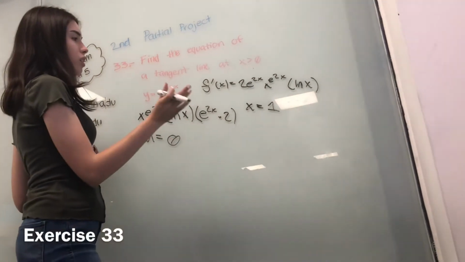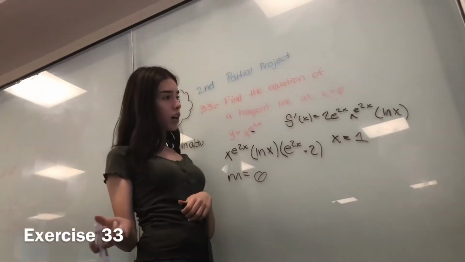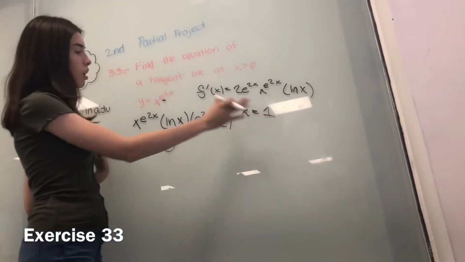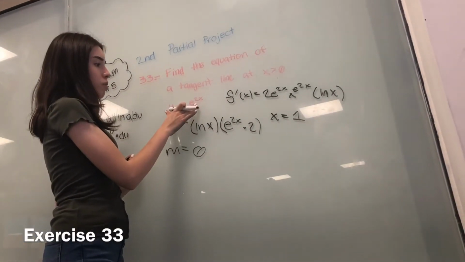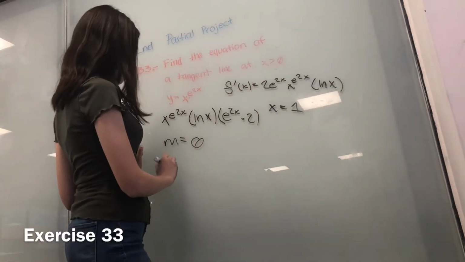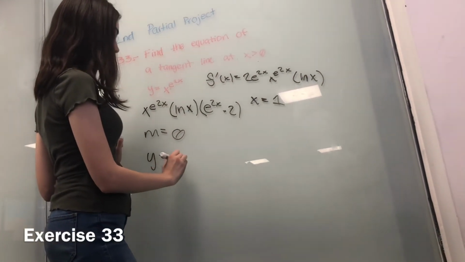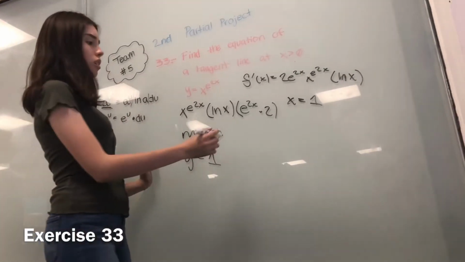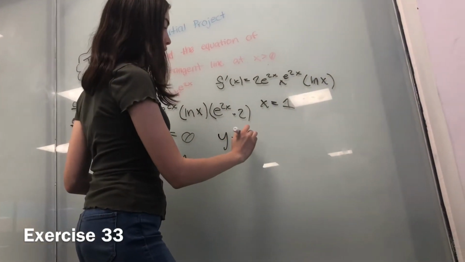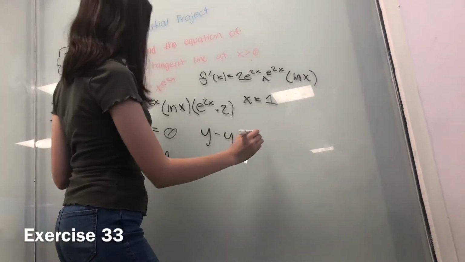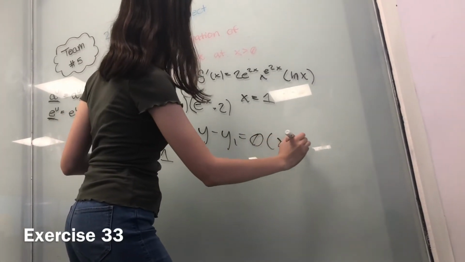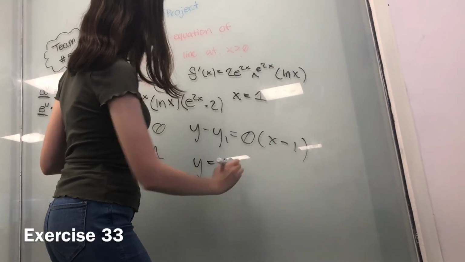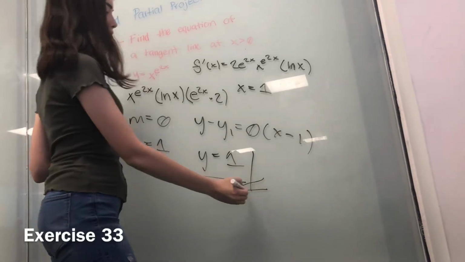It is 0, and since we don't have a y, we're going to do the same. Use the x as 1 in the old formula. The y is 1. After that, we're going to find the equation of a tangent using this formula. And the equation of the tangent line is going to be 1.